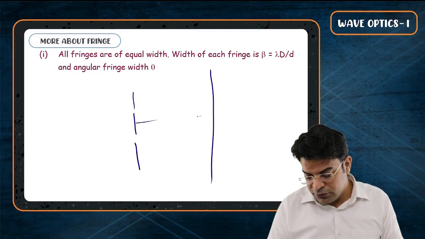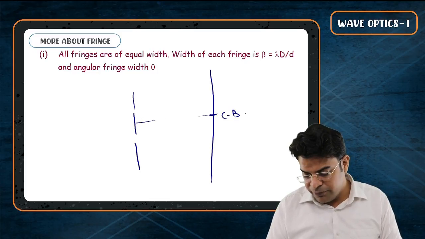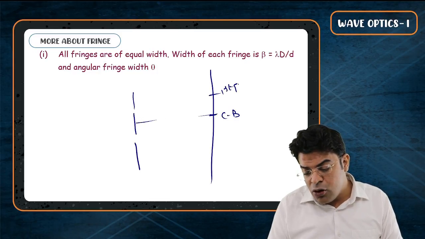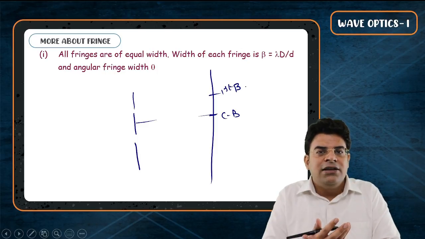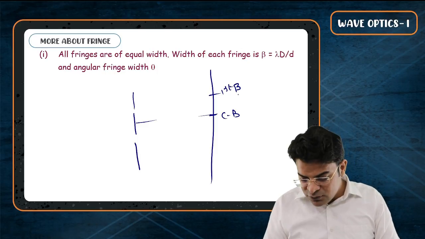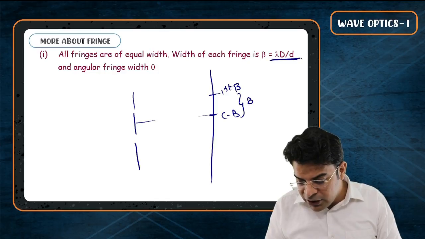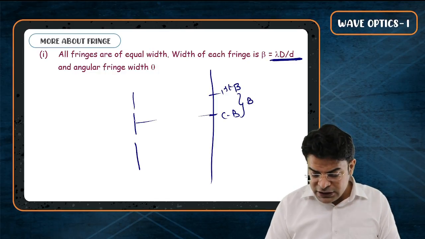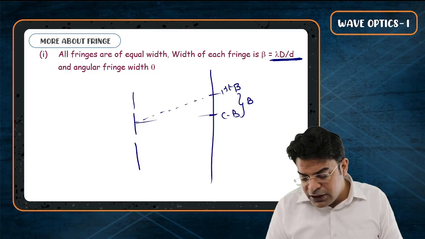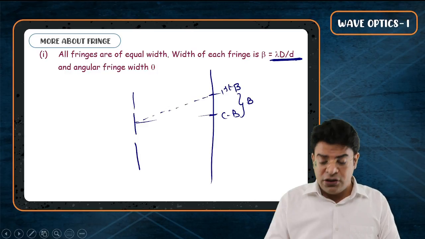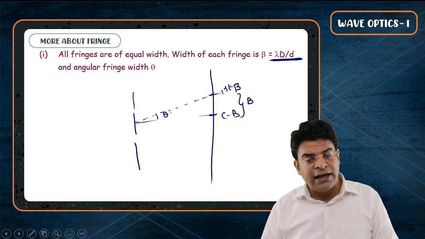For example, here you have this central bright. The first bright will be at how much distance from the central bright? That is called fringe width, which we found to be equal to lambda D by d. Now the question is, what will be the angle subtended by this length equal to the fringe width on the slit side? Let's say that angle is theta.